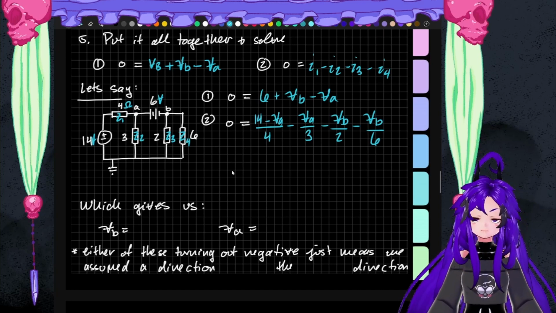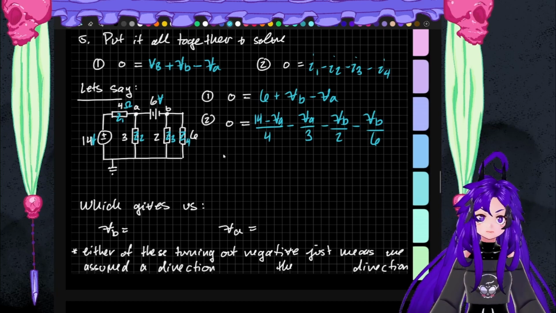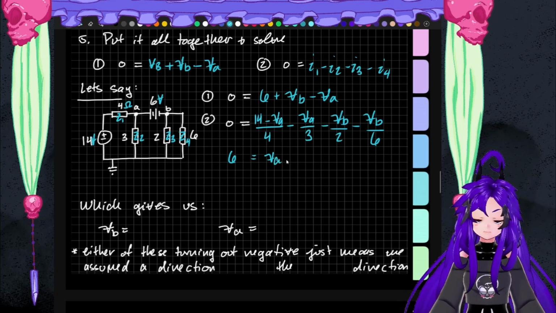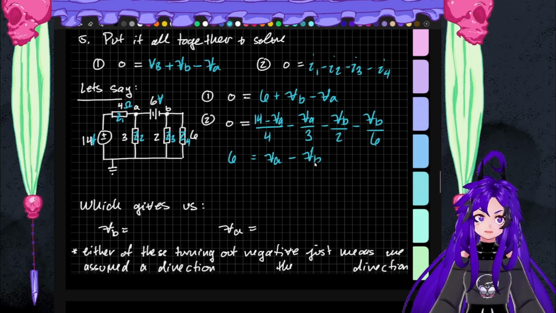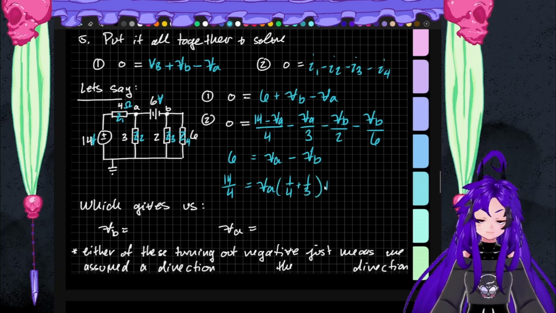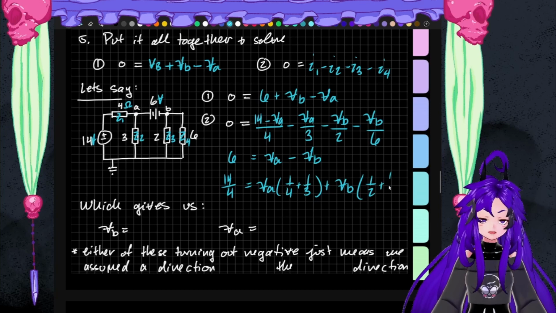So if we solve these out, we're going to get 6 equals VA minus VB. We're also going to get 14 over 4 equals VA times 1/4 plus 1/3 plus VB times 1/2 plus 1/6.